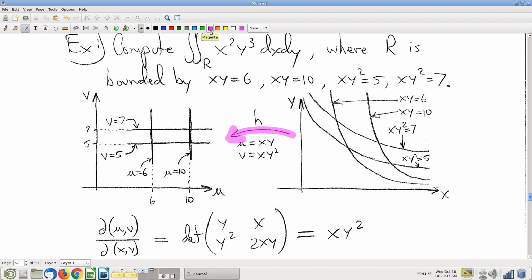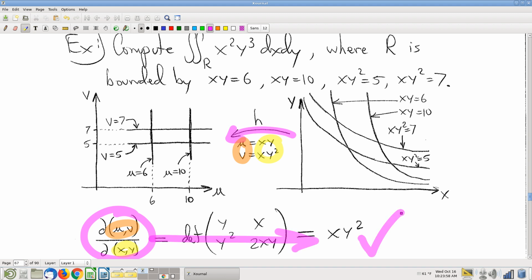Here's your output variables, u and v. Their partials with respect to our input variables, x's and y's. That stretching factor for that function, the partials of the outputs with respect to the inputs, easily computed. Bam, there it is.